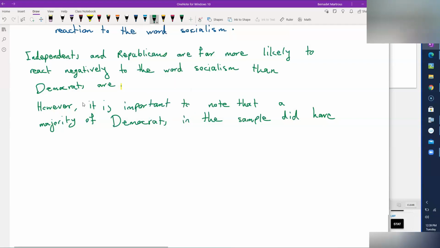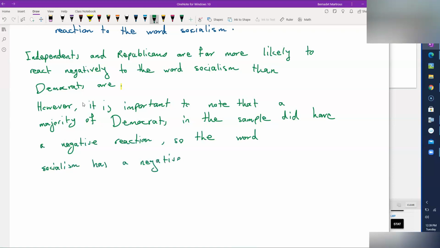So they had a negative reaction. So the word socialism has a negative connotation among all groups.